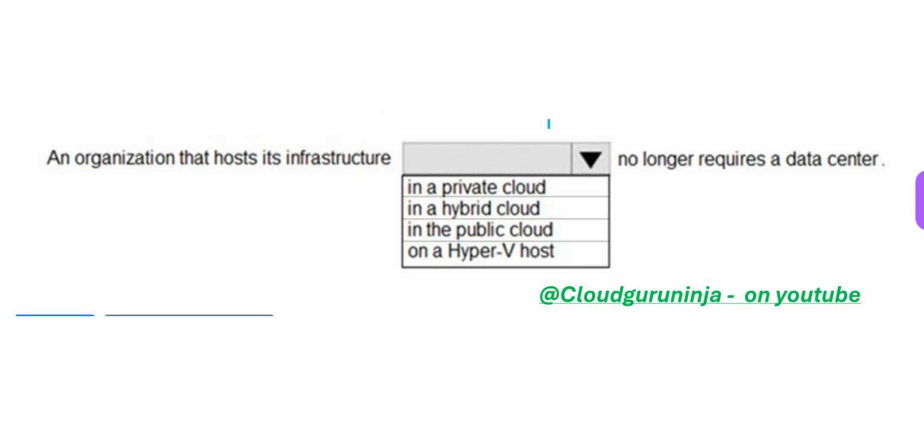So this is the next one. There is an organization, and it hosts its infrastructure in dash, and no longer requires a data center. That means in which type of setup you yourself don't require a data center. See, once I was working on a project with RBI.